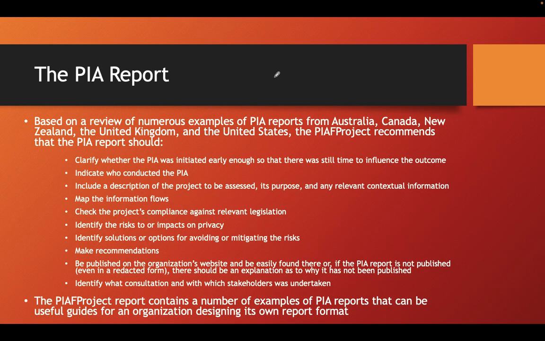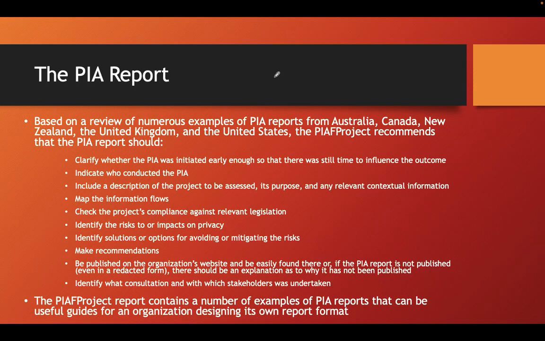All these are based on the review of various examples that have been carried out in these countries. Then the privacy impact assessment project recommends that the report should clarify whether the PIA was initiated early enough so that there was still time to influence the outcome.